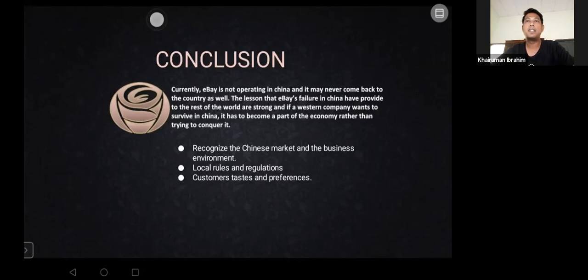Number 3 is about customer taste and preference. eBay stuck to the global platform, which again did not fit the local customers' taste and preference. eBay was unable to fulfill the 4P's business model. We can see that there was no personal connection between buyer and seller to chat over instant messaging.